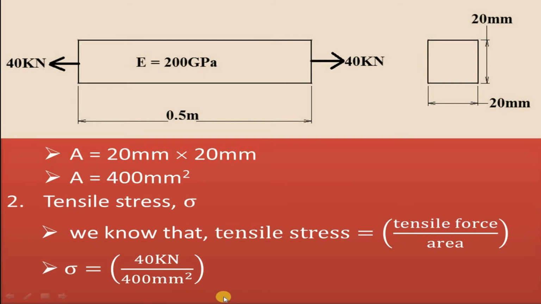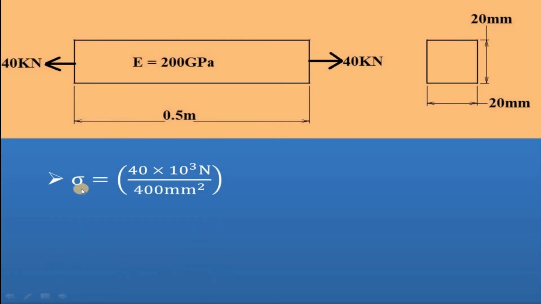In this RHS, kilonewton is nothing but 10 power 3 Newton. So the next step will be sigma is equal to 40 into 10 power 3 Newton whole divided by 400 mm square. In this RHS, 40 into 10 power 3 Newton divided by 400 mm square is 100 Newton per mm square.